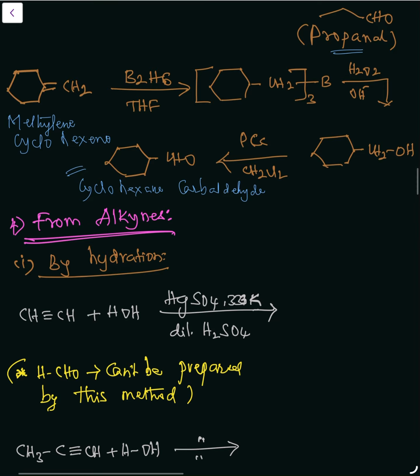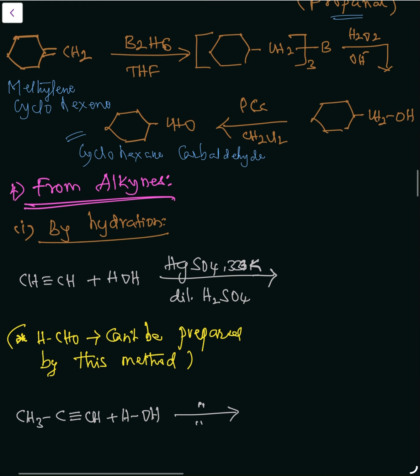Next, from alkynes by hydration reaction. So in the hydration reaction, what happens? Acetylene, this is ethyne, which is also called acetylene. On hydrolysis in the presence of HgSO4 at 333 Kelvin, in the presence of dilute H2SO4, we will get vinyl alcohol, that is CH2=CHOH.